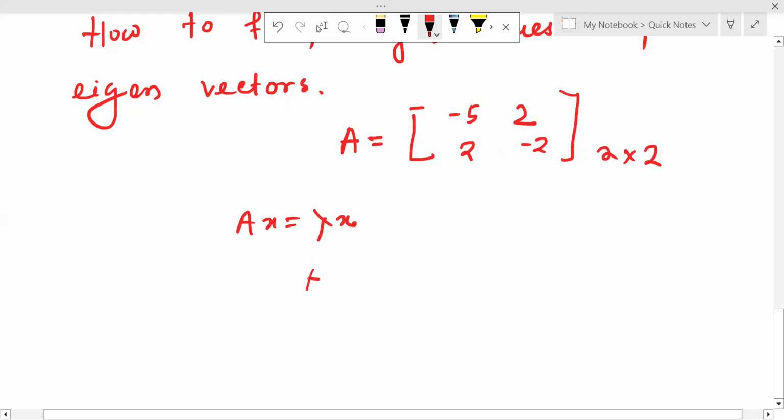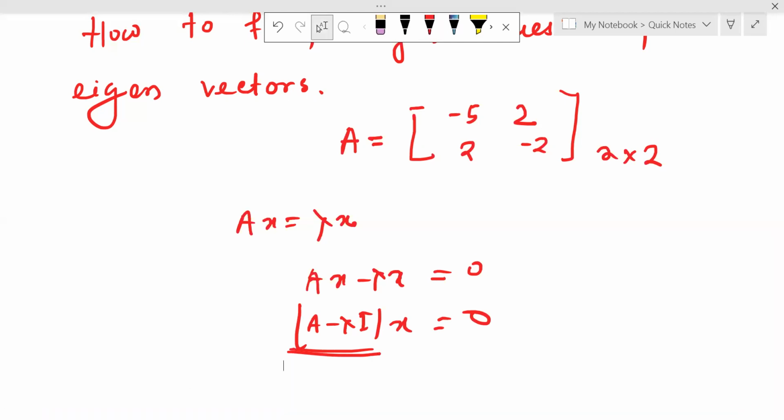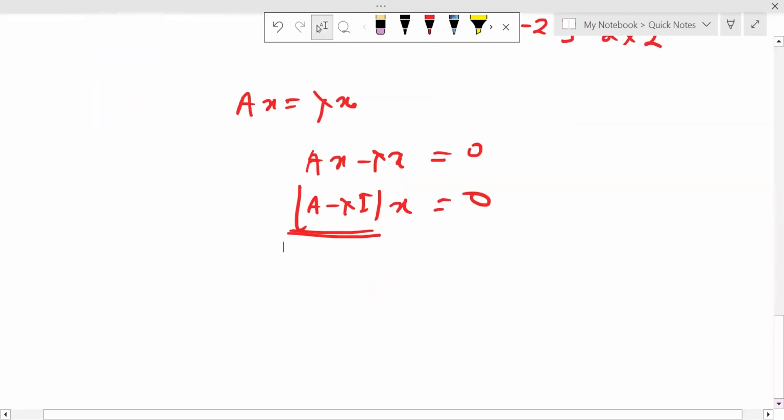That is, Ax minus lambda x is equal to 0, and that is determinant of A minus lambda I into x equal to 0. Then we solve determinant of A minus lambda I equal to 0 to evaluate the values of lambda.